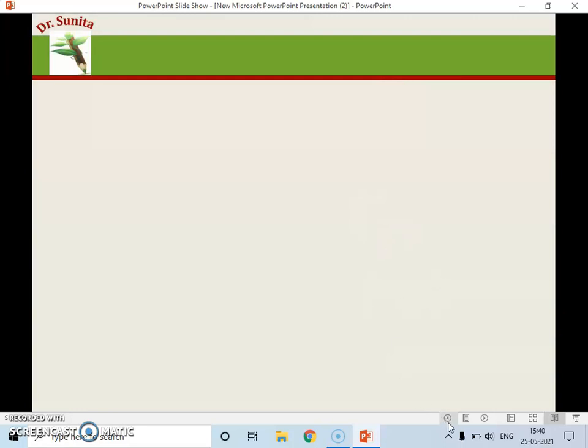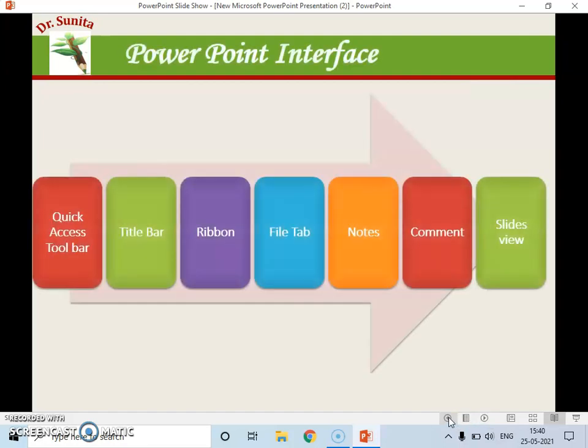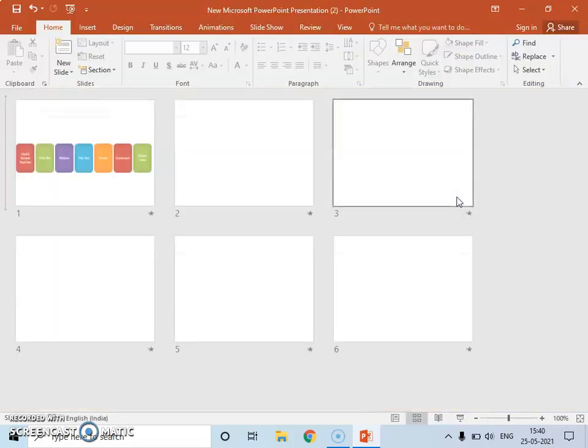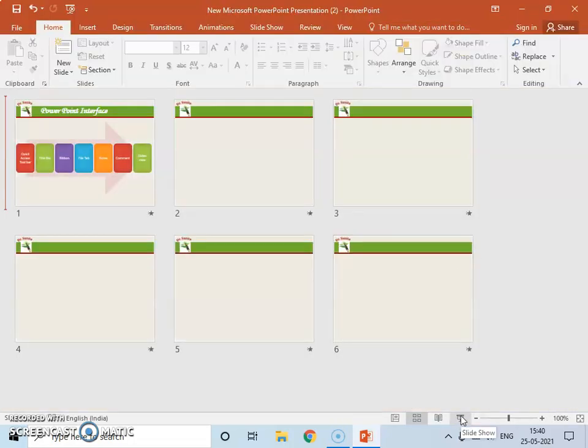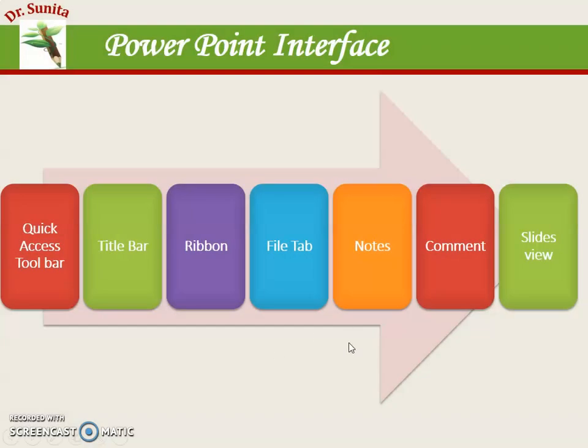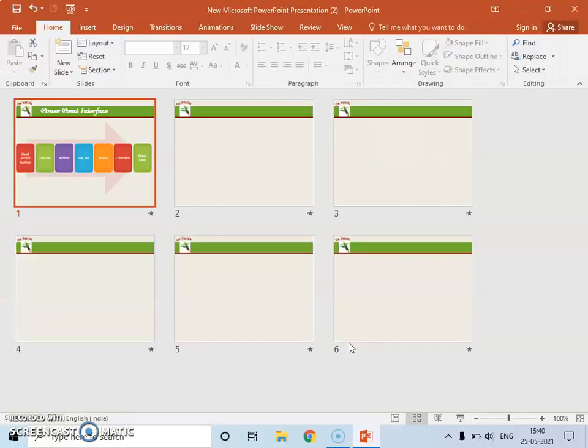These left and right arrows are for changing the slide, and by clicking ESC we can exit this mode. By clicking on slideshow, this represents the slideshow like this. By clicking ESC we can exit the slideshow.